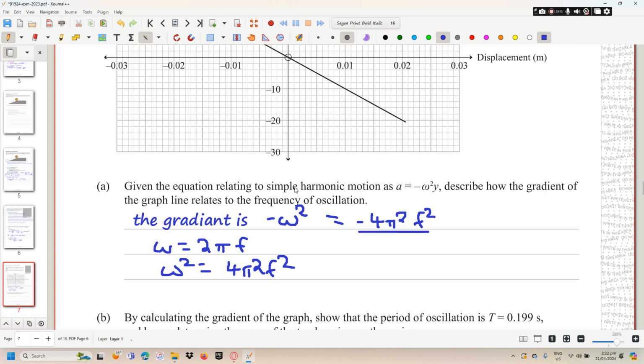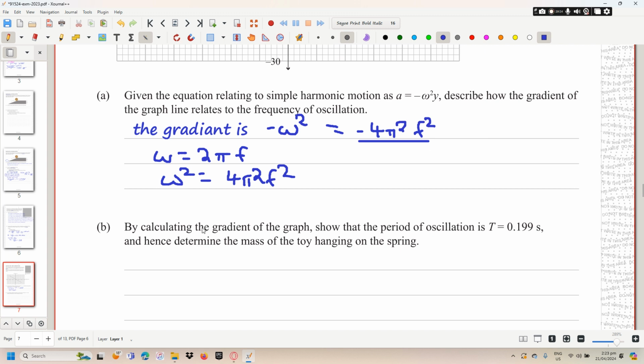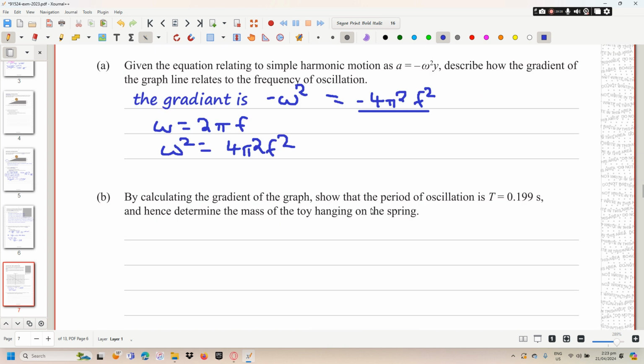And so you could say something like the gradient of the line is negative 4 pi squared f squared, which relates to the frequency. By calculating the gradient of the graph, okay, so now you actually get to look at the graph.